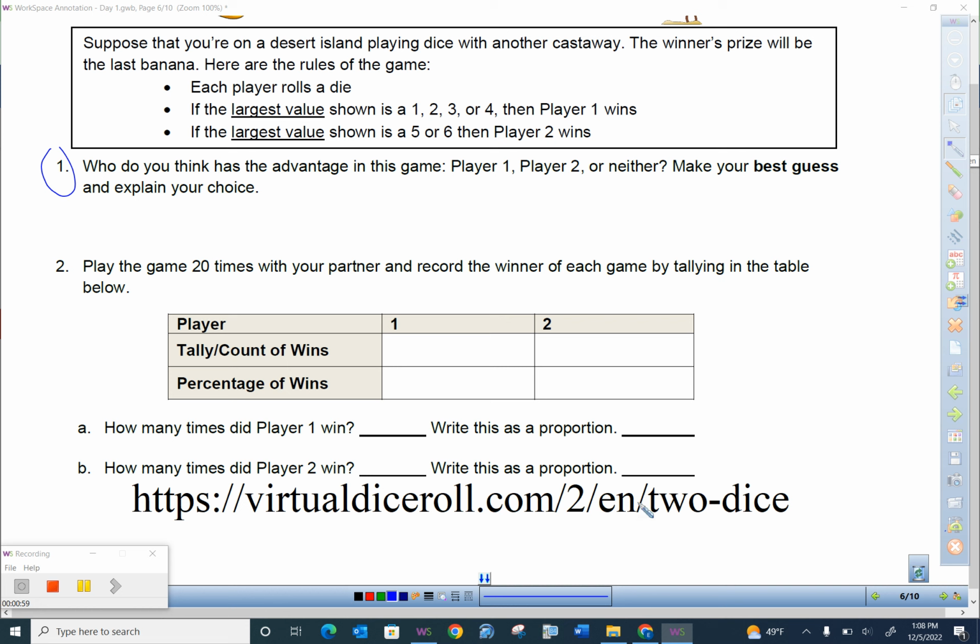You'll pause the video, copy that, and then go simulate 20 times. So you roll it 20 times, and then you'll just tally whether player 1 was the winner or player 2 was the winner, and then based on those numbers, you can calculate the percentage out of 20 and answer questions A and B. So take care of all that for me, and then come back to the video when you're done.